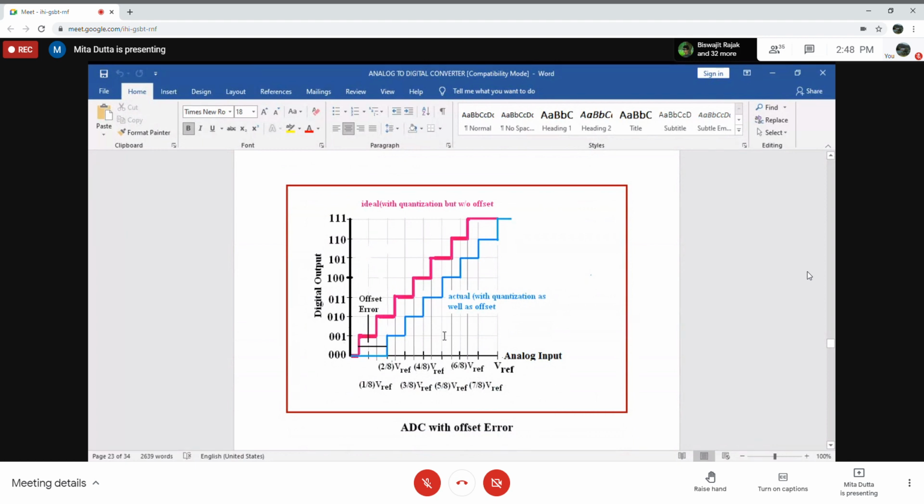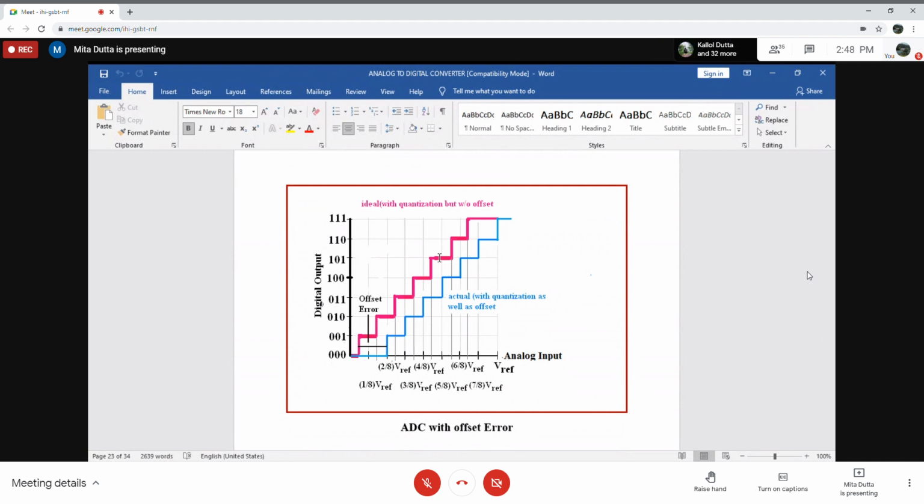Here, the ADC with offset error, the pink one will be an ideal ADC with quantization but without offset. And this is an input-output relationship. Pink one will be the input-output relationship of the 3-bit rounding off type ADC.